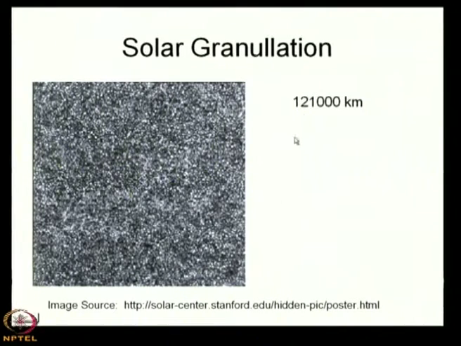The earth's radius is 6,000 kilometers, so this is roughly 20 times larger than the radius of the earth. You have these granules, bright spots and dark spots. This granular structure on the sun is produced by convection that takes place near the surface of the sun.